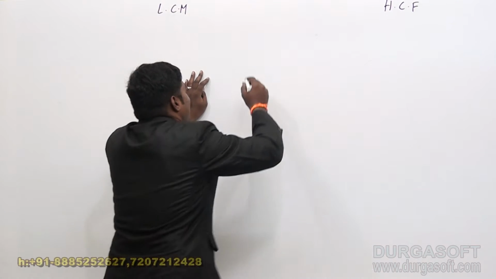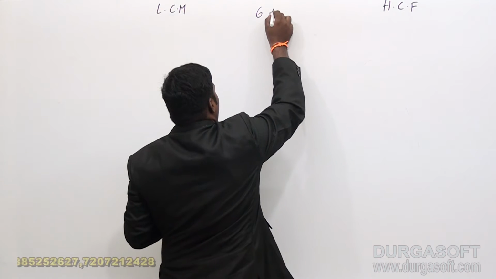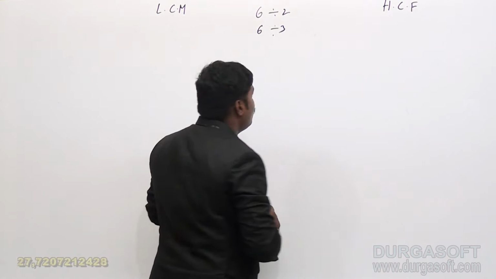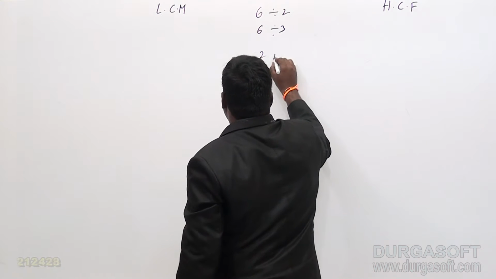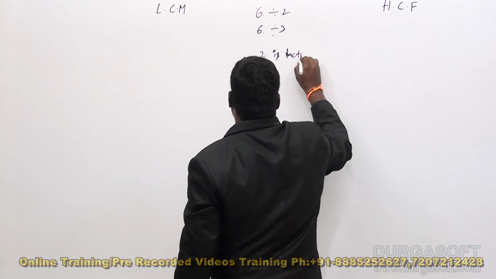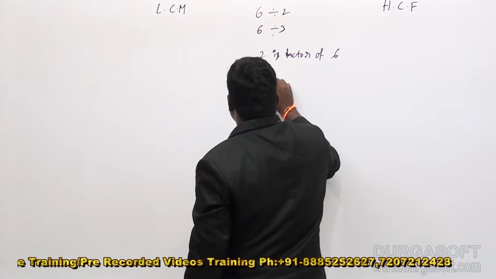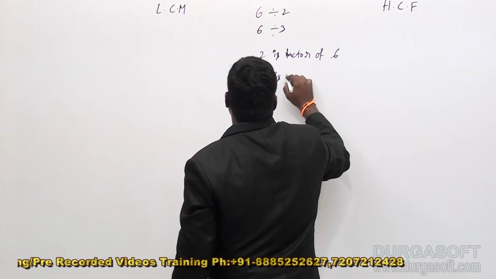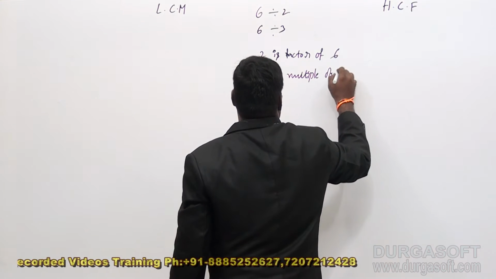Suppose, for example, 6. 6 is exactly divisible by 2 and by 3, so 2 is a factor of 6. And 12 is a multiple of 6.